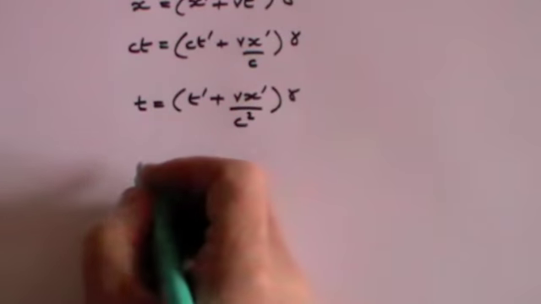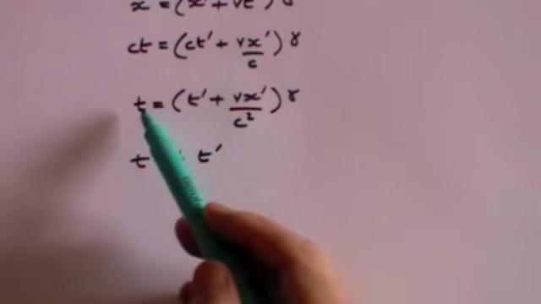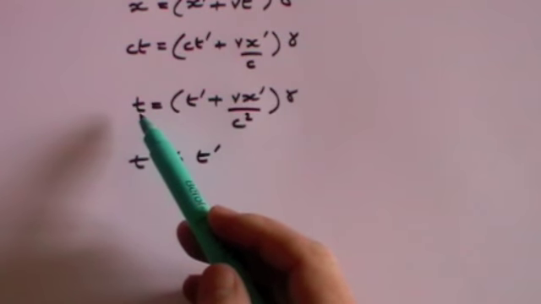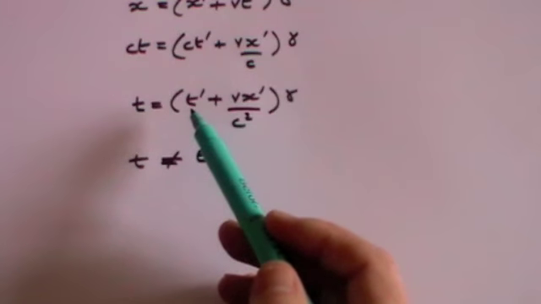And what that shows you is that t very definitely is not the same as t prime. T is my measurement, so it's the remote measurement. T prime is the measurement you make of your clock in your system, so it's the local measurement. Let's suppose, for example, that you switch a light on and off in your frame of reference, in your train.